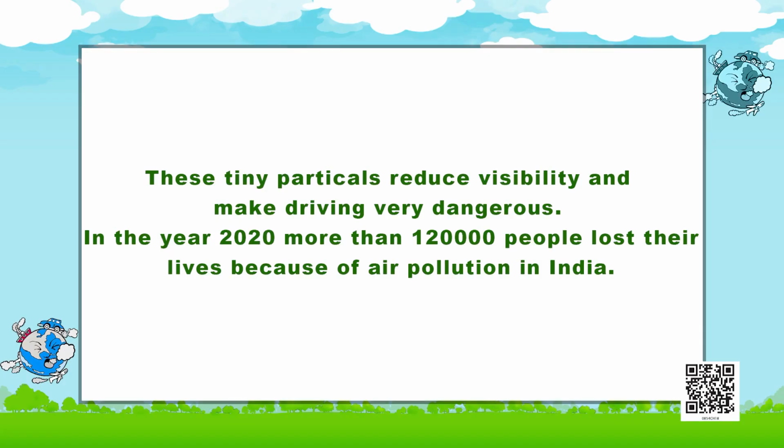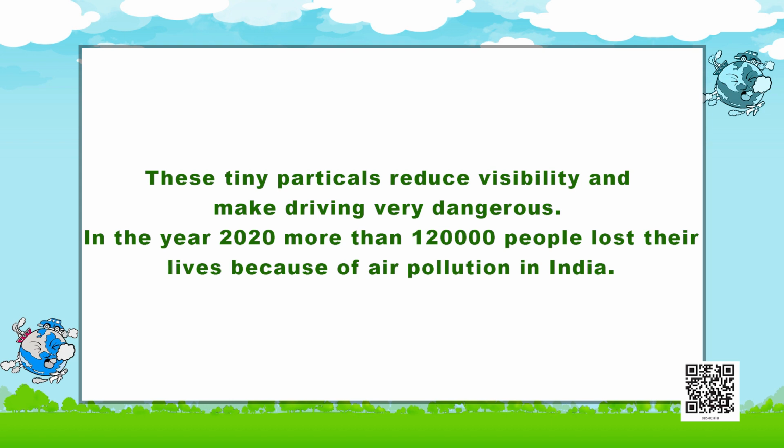In addition to the above mentioned pollutants, automobiles produce tiny particles which get suspended in the air, and when we breathe these suspended particles, it causes different kinds of diseases and damages our lungs. These tiny particles reduce visibility and make driving very dangerous.